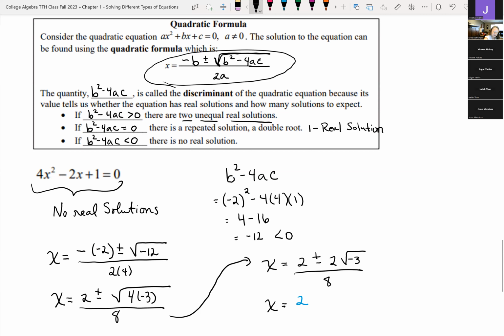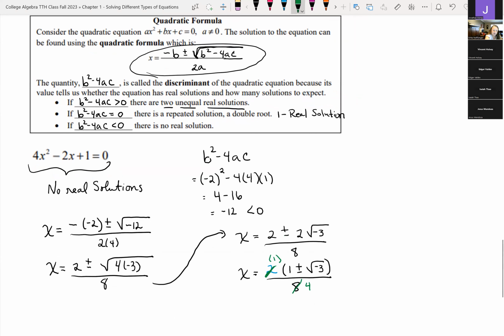If I pull a 2 out of a 2, I'm left with 1, plus or minus, if I pull a 2 out of 2 square root of -3, I'm just left with the square root of -3, all over 8. I did that so that I can now simplify. I see I have a 2 in common in the numerator and denominator. 2 goes into itself once, and 2 goes into 8 four times.